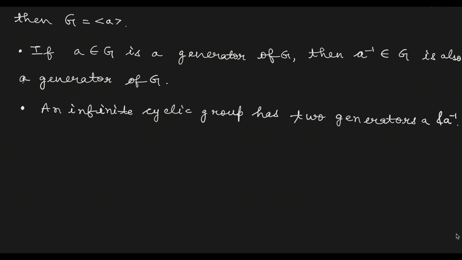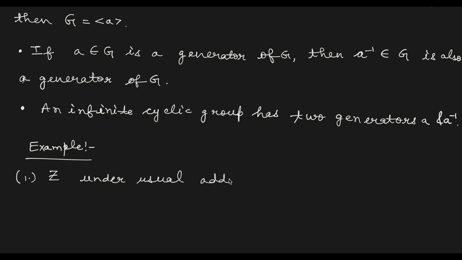For example, first, Z under usual addition is a cyclic group. One and minus one are the generators.